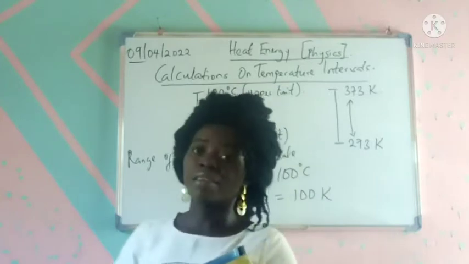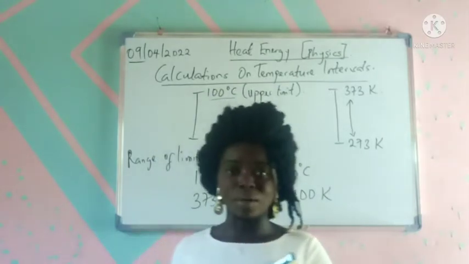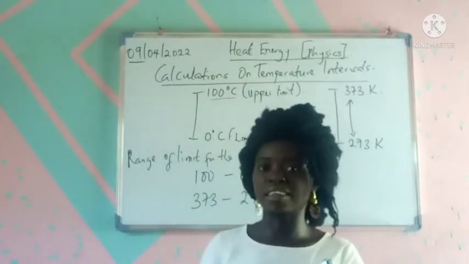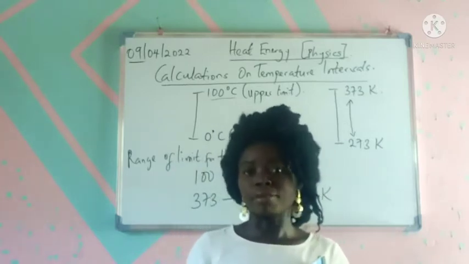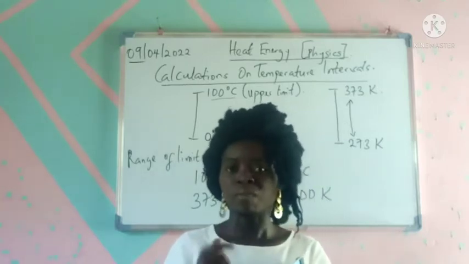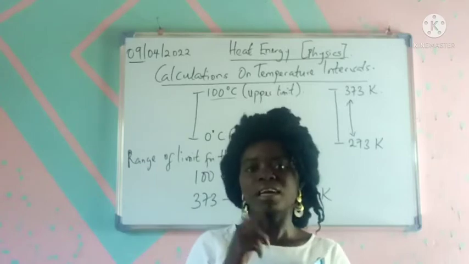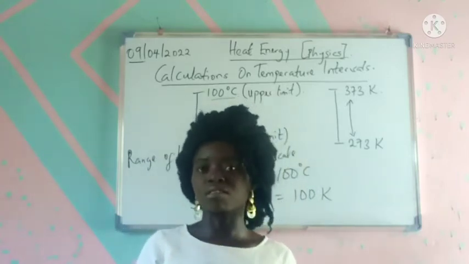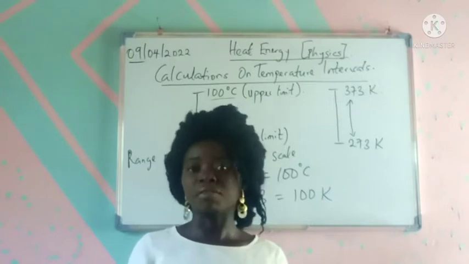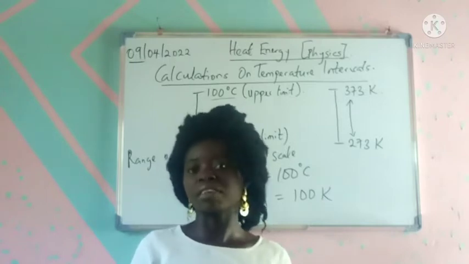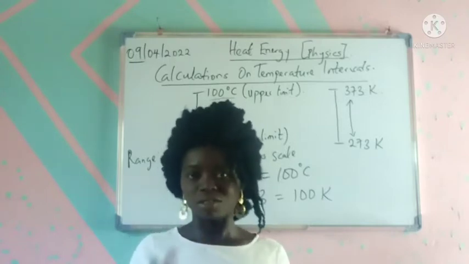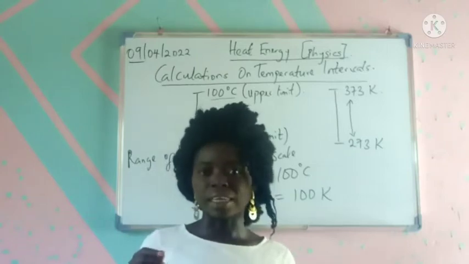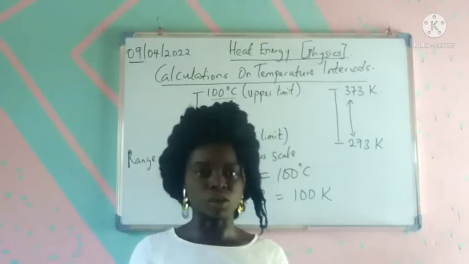So these are the two main scales that you work with, the Celsius scale and the absolute scale, which is the Kelvin scale. If you observe very well, when I wrote the Celsius scale, there was a degree sign attached to it, but it's not applicable to the Kelvin scale. So the absolute scale doesn't have degree Kelvin, it's just Kelvin, while the Celsius scale has degree Celsius.